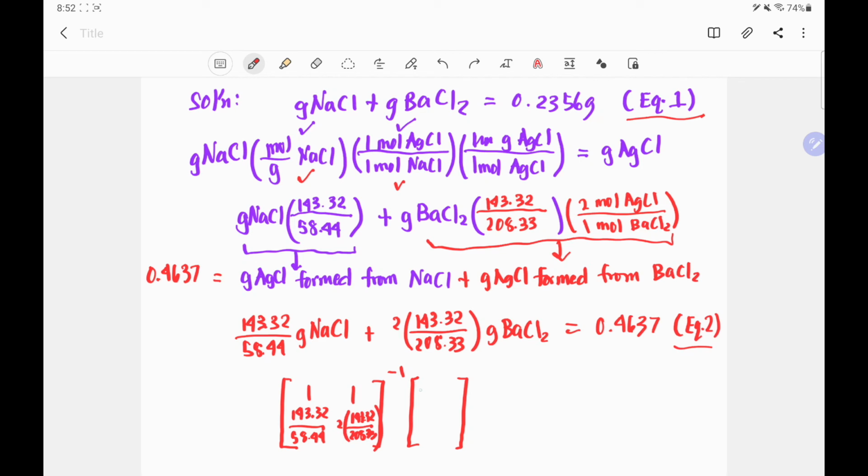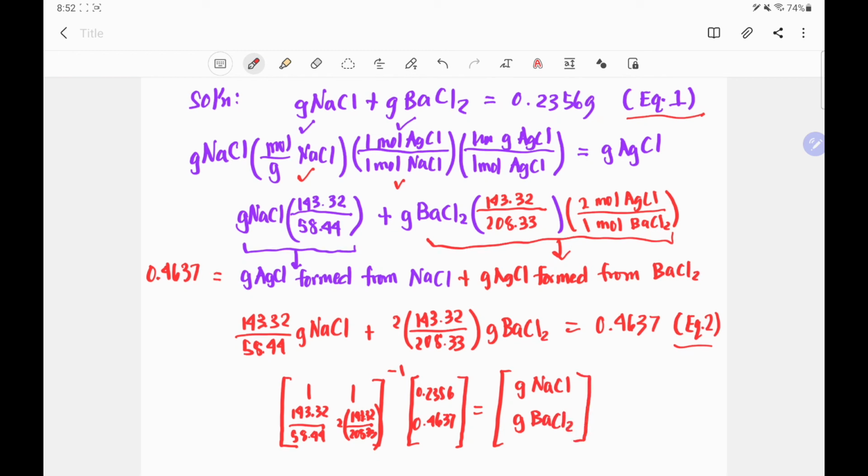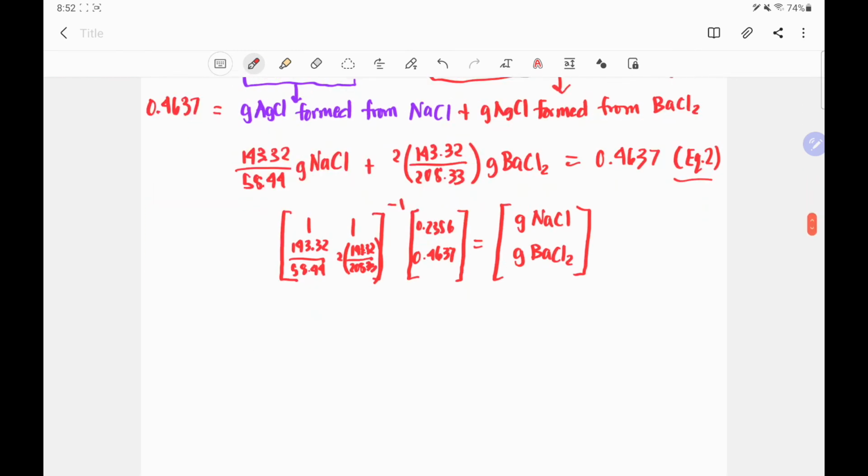So it's 0.2356 and 0.4637. I should receive a matrix of values for the grams of sodium chloride and the grams of barium chloride. Let me do this real quick in my calculator.